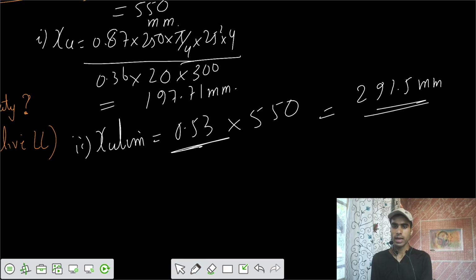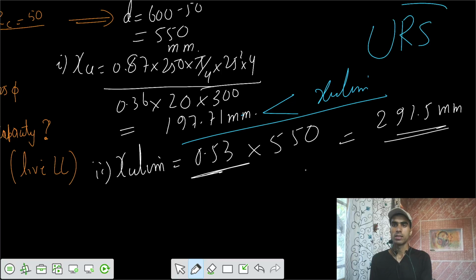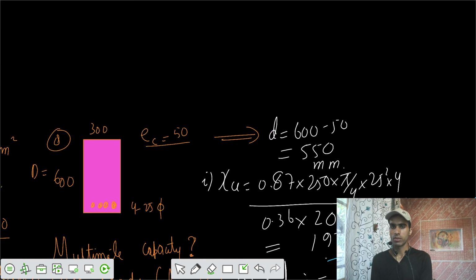By comparing Xu and Xu limiting, you can tell that Xu is less than Xu limiting, so the section is designed as an under-reinforced section. If the section is under-reinforced, you can solve for the moment of resistance.